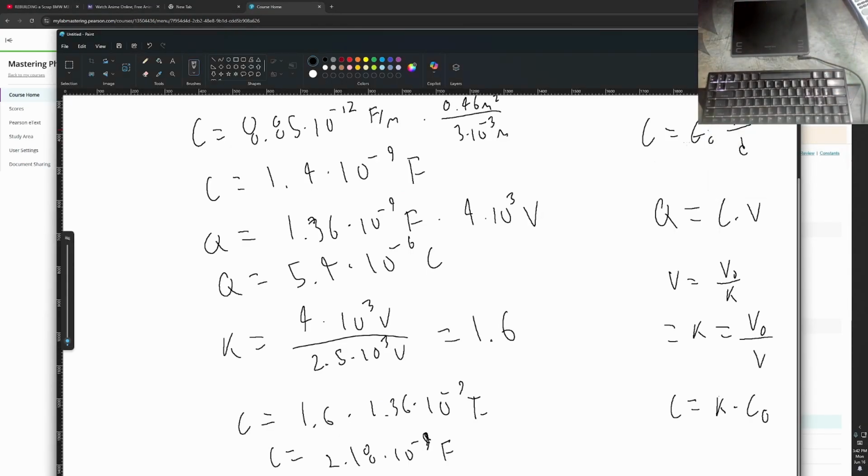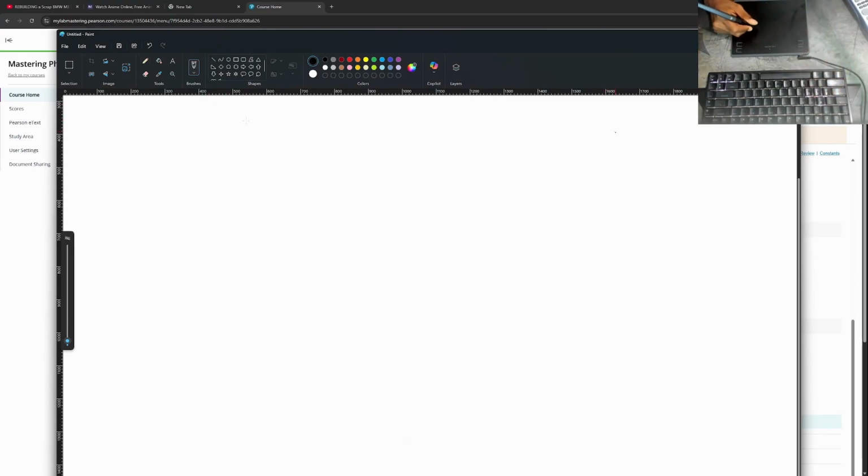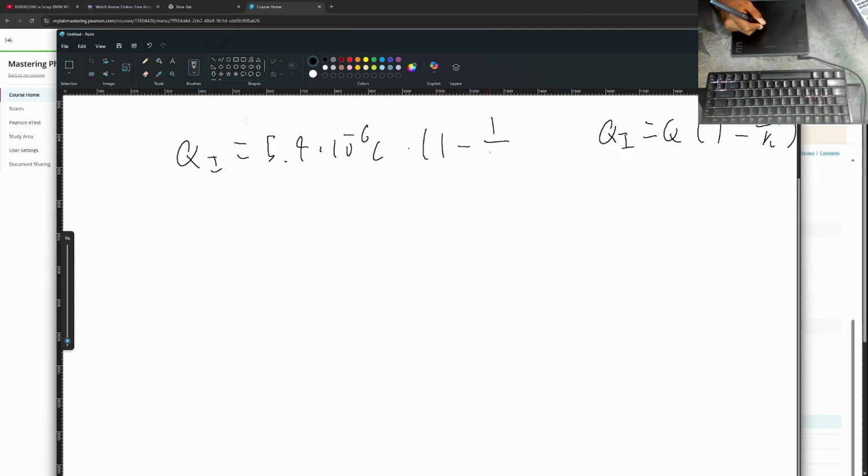And so let's write this out. Our charge induced is equal to our charge times 1 minus 1 over the dielectric constant. And so let me write this over here. 5.4 times 10 to the power of negative 6 coulombs times 1 minus 1 divided by 1.6.